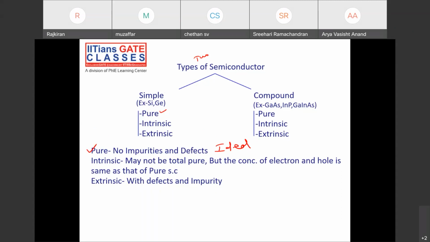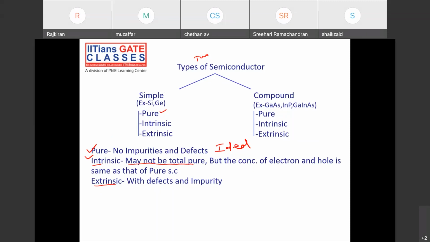What do you mean by intrinsic? See, words are very important. When I call my semiconductor intrinsic, it may not be totally pure. Doping? No, brother, doping will come in extrinsic. So what is the difference between pure and intrinsic? Pure means no impurity, no defect.